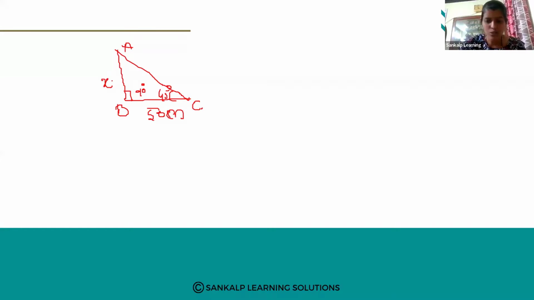Find out the x value. X value means it is opposite to the 45 degree. Opposite of angle theta is opposite side. So it is opposite side divided by BC value. That means BC is the adjacent side, 50 meter is in the adjacent side. That is AB divided by BC. Here also you are taking tan theta only.